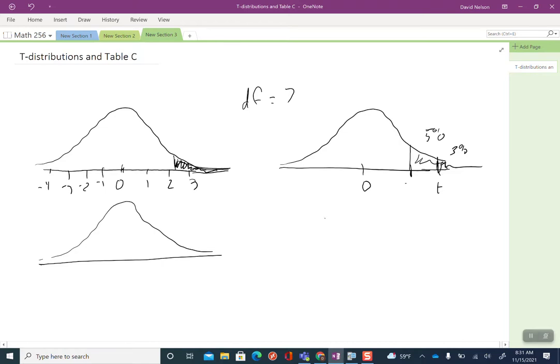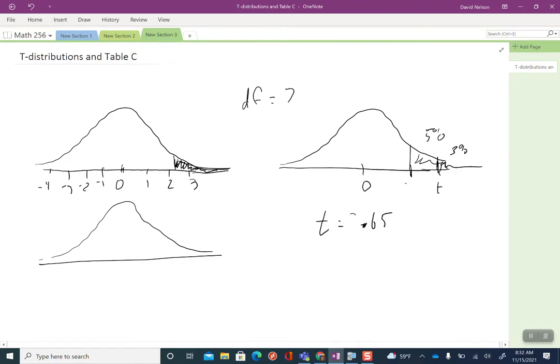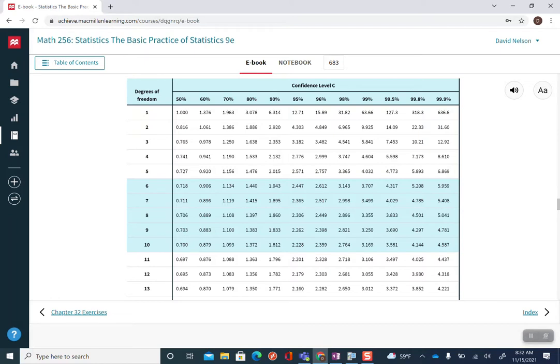So if your t statistic is 2.65, we want to find out where that is. And the normal way that we do it is we go to the table here. Here's the table. We have 7 degrees of freedom. I'm looking at 2.65, and it's here in the middle.